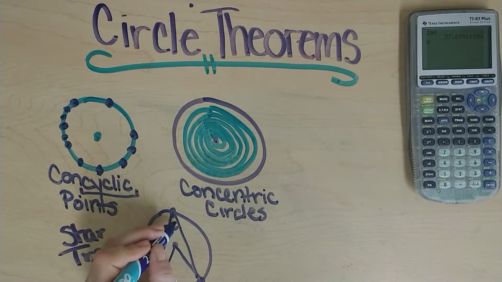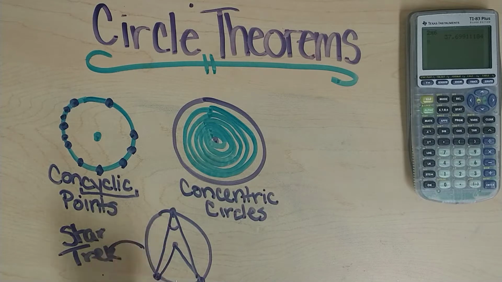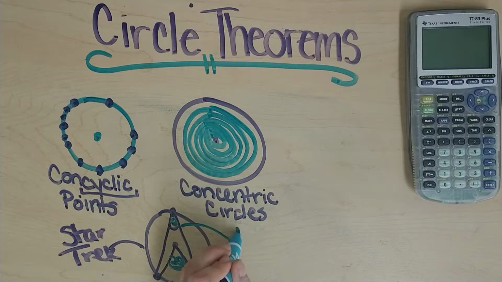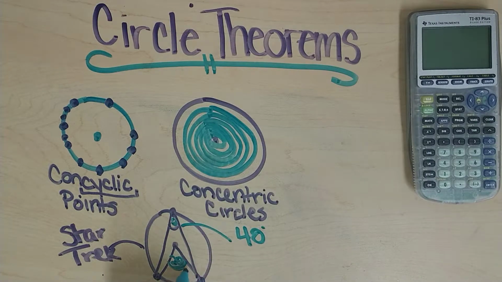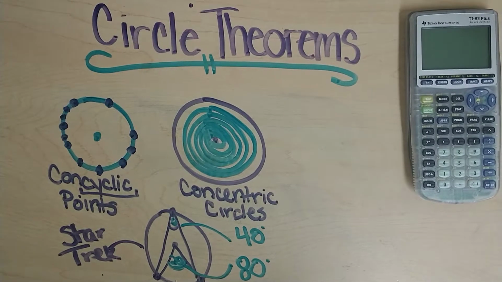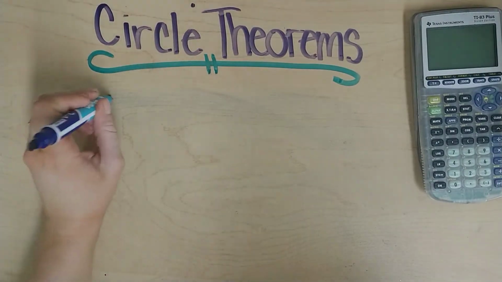The angle that is right here at theta, so this is our theta, is half of this angle. In other words, this angle is 2 times theta. So, for example, if this angle is 40 degrees, this angle is 80 degrees. That idea also works with this circle.